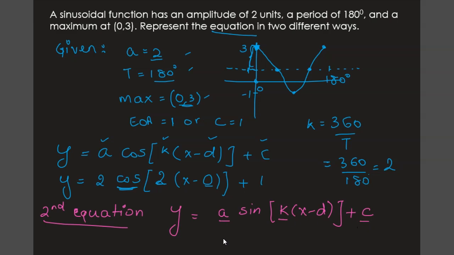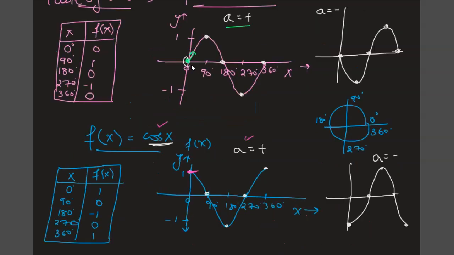So these are the things we'll fill up first. So we have 2 sine, K is also 2, (x minus D) plus 1. Now, because our parent function is a sine function, we go back and check where the start point is for our parent sine function graph. And we see our start point is at a mid.